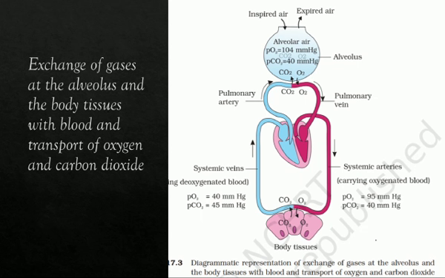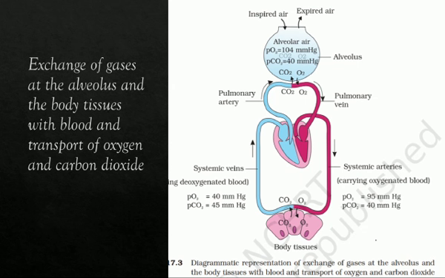So expired air has more carbon dioxide, and inspired air has more oxygen. If we have done the activity earlier, where we take some lime water in a test tube and blow air from our mouth, the lime water will turn milky, just because the air we are exhaling has more carbon dioxide.